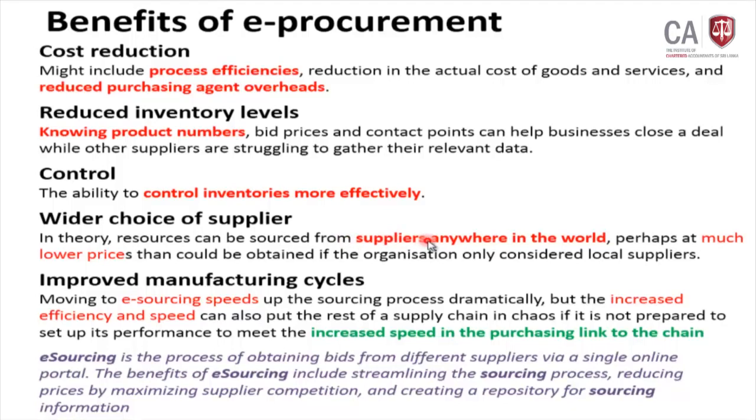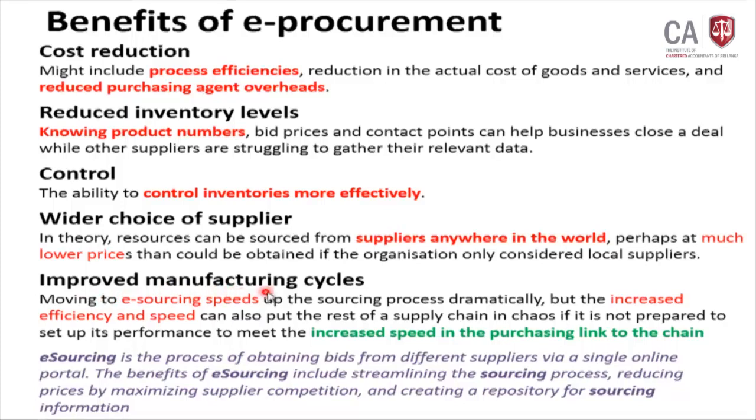Sometimes you may be procuring goods from Sri Lanka in a manual way, but in this e-procurement method, you can go to suppliers in other countries. We can compare the prices and bring their goods. There are so many benefits that you can gain, so there is a wider choice of suppliers.